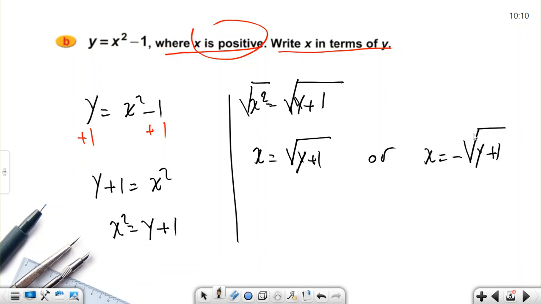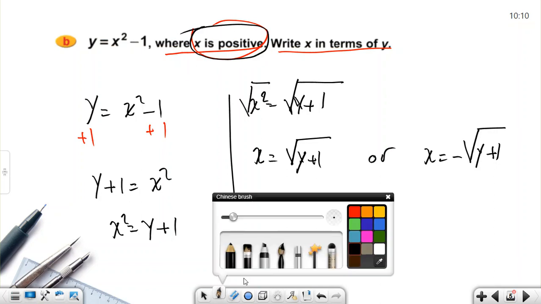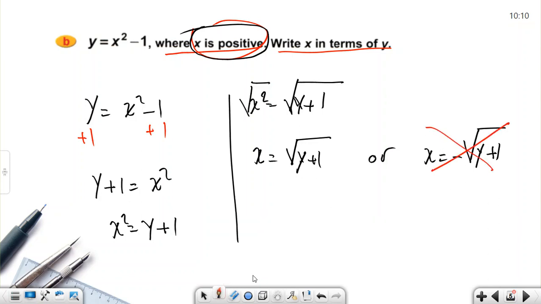But there is a condition at the beginning of the question: x is positive. Because x is positive, I cannot use that part. I can only say x is equal to the square root of y plus 1. That's our solution. This is not, because x cannot be negative. In the question it says x is positive, so it cannot be negative.